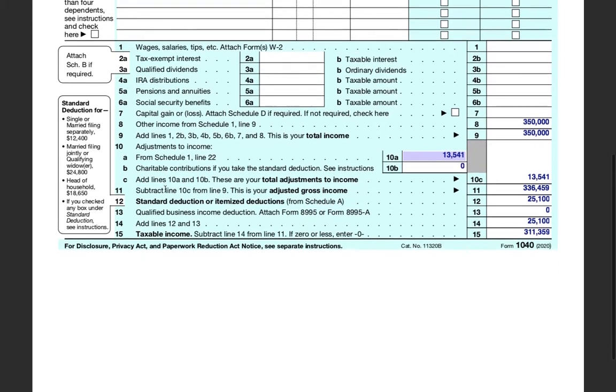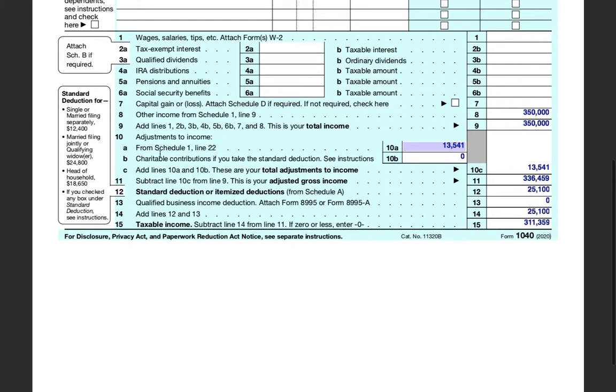So here, the adjustment to income. This is from Schedule 1, 2020, line 22. You remember that's the 50% of the self-employment tax. So it's 13,541.